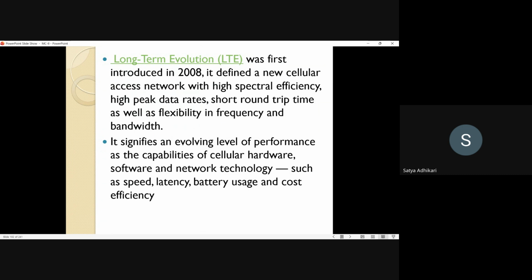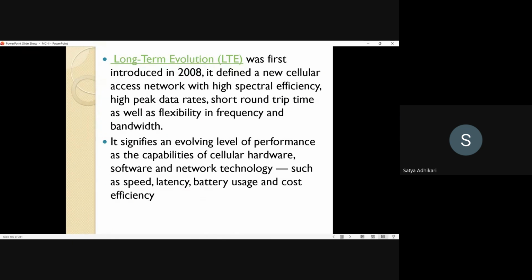LTE, we know, 4G LTE was first introduced in 2008. It defined a new cellular access. So you know that after 3G came 4G, and 4G LTE was used. Please recall, we have discussed 4G LTE. It has spectral efficiency, high speed data rates, short round trip time, as well as flexibility in frequency and bandwidth.